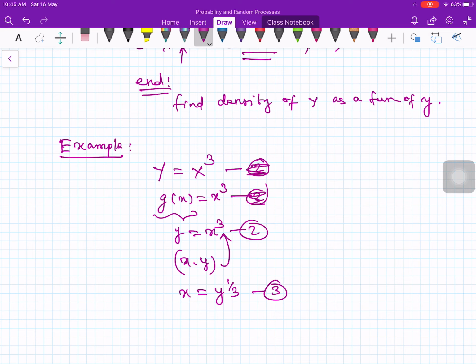Equation number 3 is a formula that takes us back from y's to x's. And equation 2 is a direct formula, and this is the inverse formula.